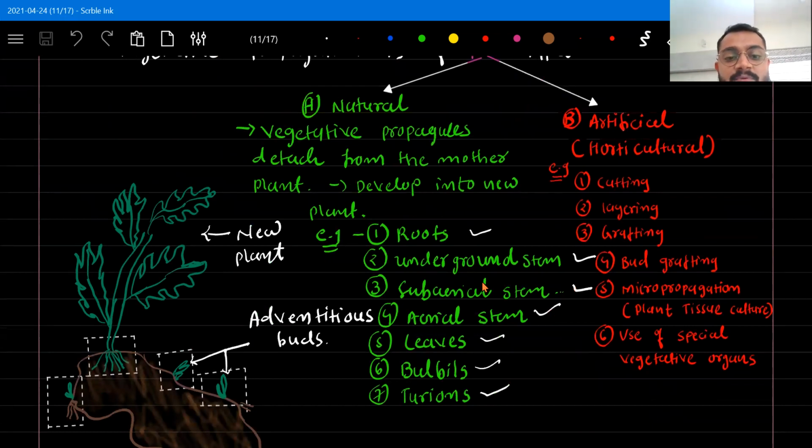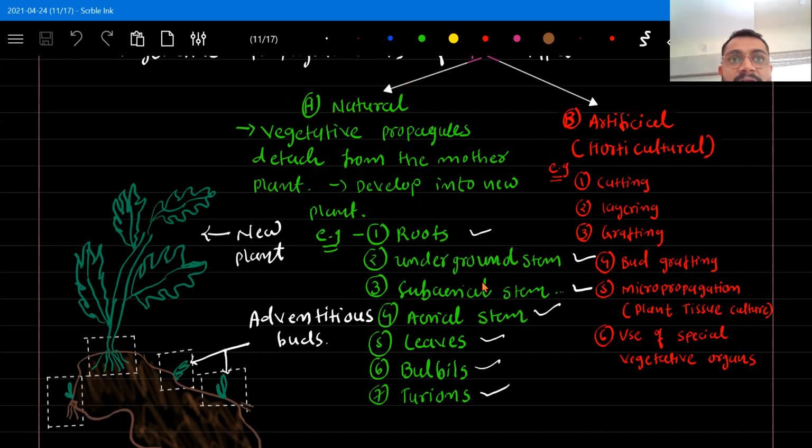In natural vegetative propagation, whatever propagules develop on the plant, whether it is a bud, an axillary root, or an eye, will get detached from the mother plant and then develop into a new plant. Okay, so this is the natural technique, and you can also say this is natural selection.